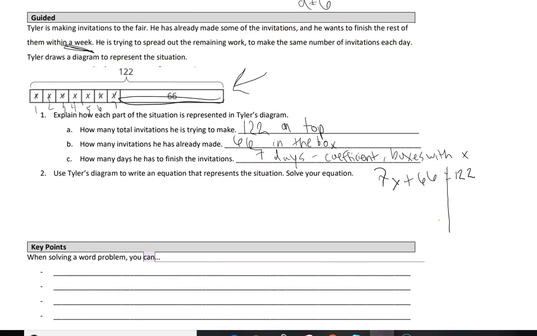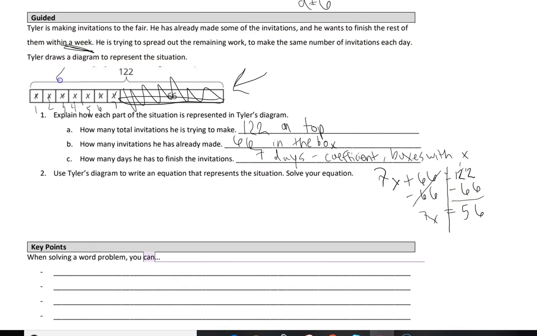So when we go to solve, we can first imagine, say, well, let's get rid of this 66 because he's already done those. You can get rid of that 66 with subtraction. Goes away. But again, look at your tape diagram. We still have 7x. And we have to actually subtract over here. Gotta borrow. 12 minus 6 is 6. 11 minus 6 is 5.